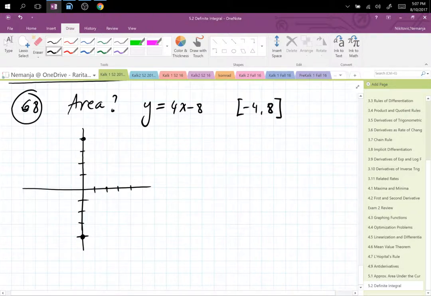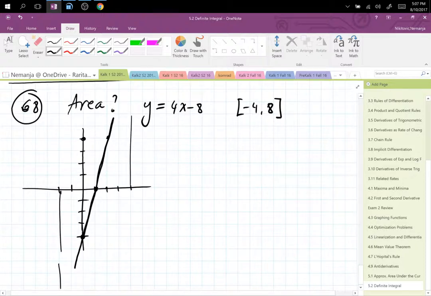It goes 4 over 1. So we first draw, and then from -4 to +8. So we see that we have negative area and positive area.